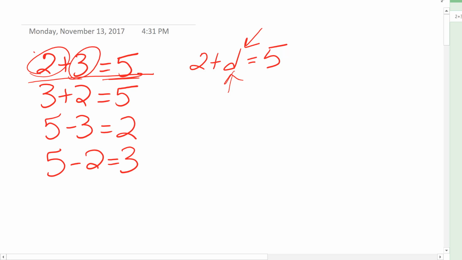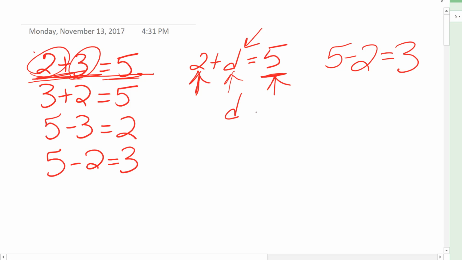If you look over here at the three numbers, think about it. You know that d is going to be 3. How do you get 3 if you've got 5 and 2? You would say 5 minus 2 equals 3. So you would take the biggest number, the one on the right side of the equal sign, and subtract the smaller number you have, 2, and that would tell you that d is 3.